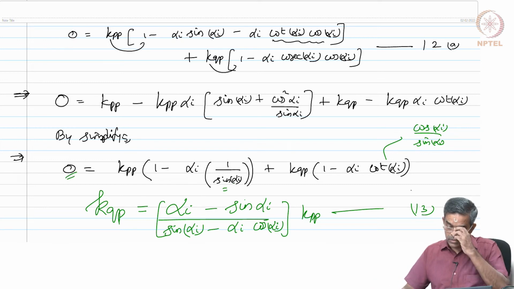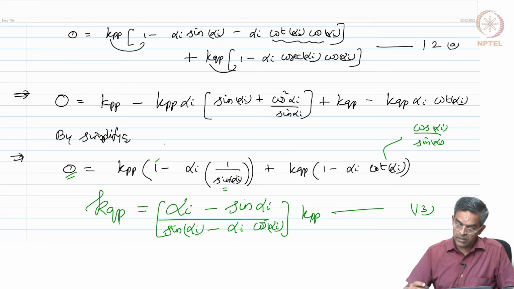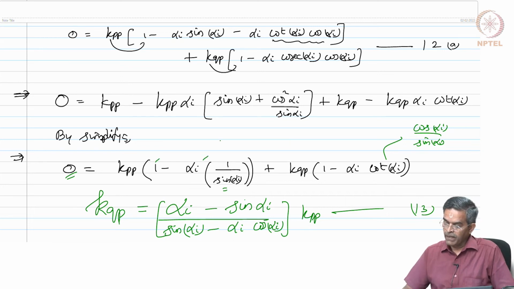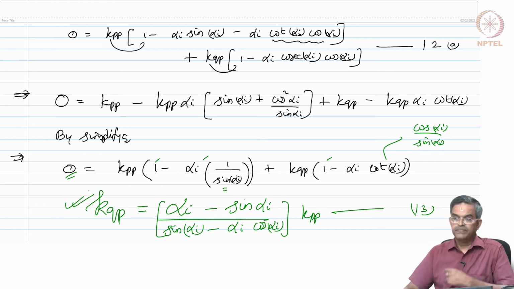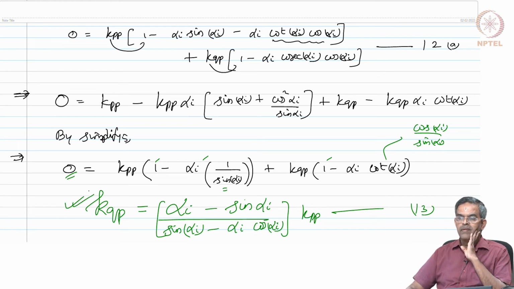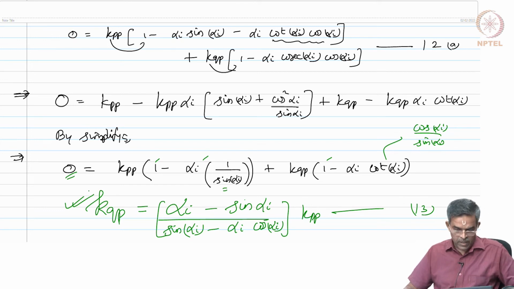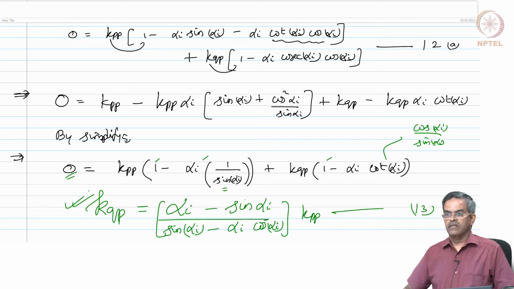So, you have terms sin alpha I and alpha I cos alpha I in the numerator. Rearranging, you will get KQP. So, KQP is given by equation 13, that is one of the coefficients we have, the rotation coefficient.